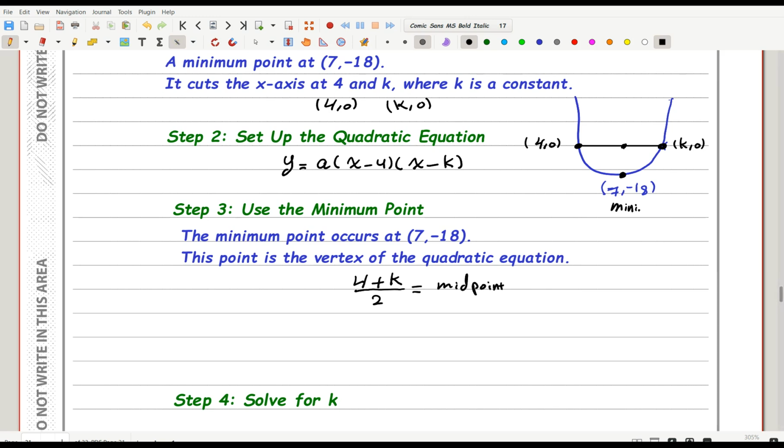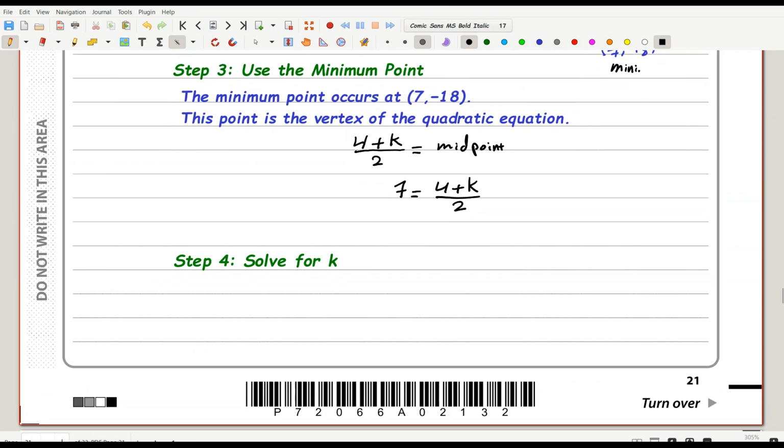As we said, the x-coordinate of the vertex is the midpoint of the roots, which is 7, equals (4 plus k) over 2. Now we'll solve for k, cross multiplication here. So we have 14 equals 4 plus k. So k equals 10.